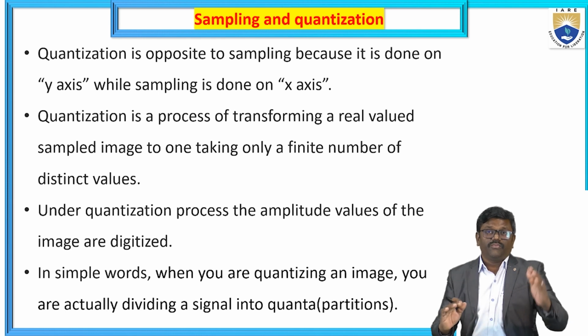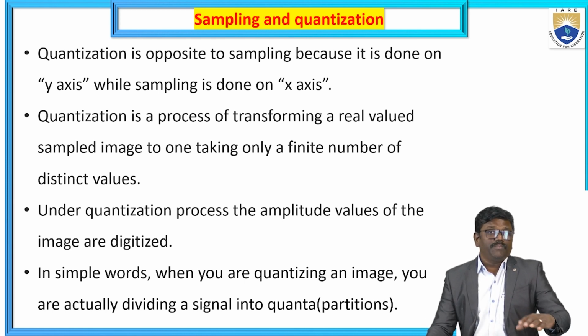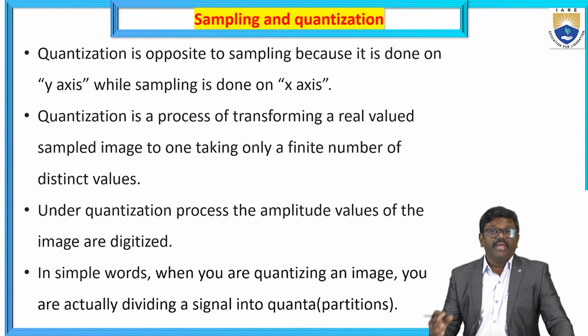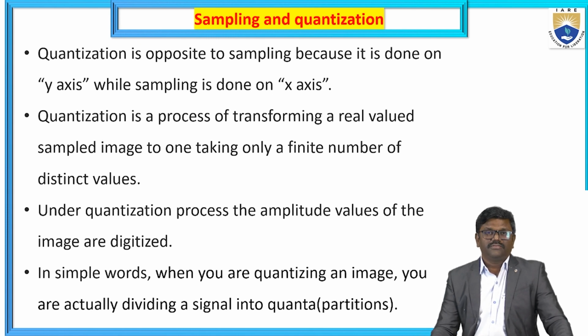Quite opposite, x and y. So quantization is a process of transforming a real valued sampled image to one taking only a finite number of distinct values. Under the quantization process, the amplitude values of the image are digitized.